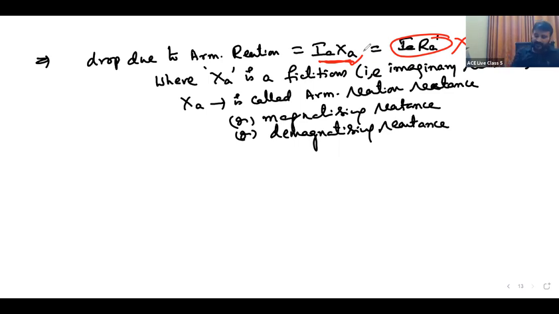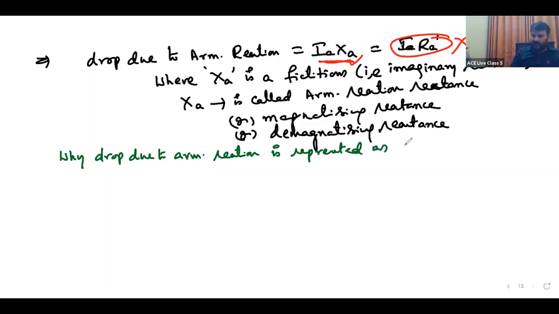Why is armature reaction represented this way? Drop due to armature reaction is represented as a drop in reactance. Let us see.